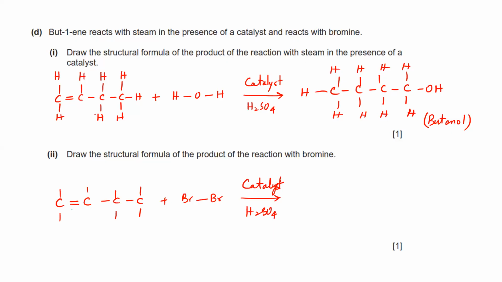The bromine will split: one bromine will attach here and one will attach there. So it will look something like this: Br, Br, C, C.